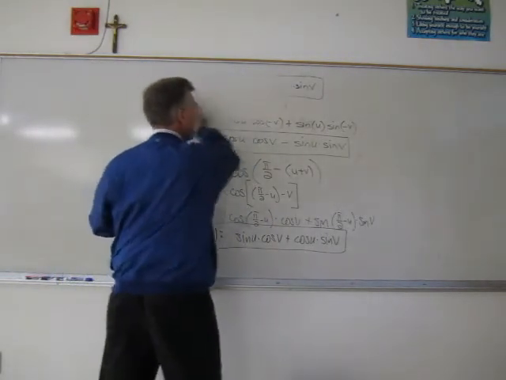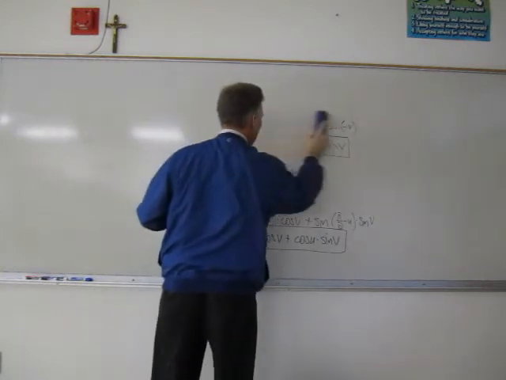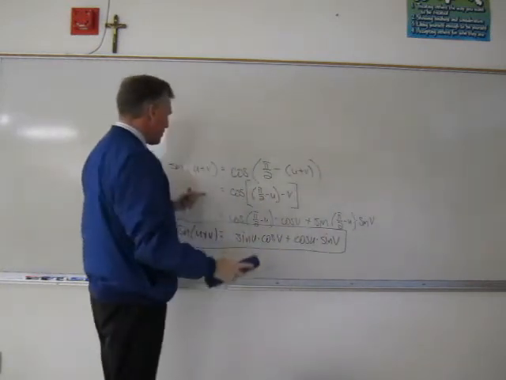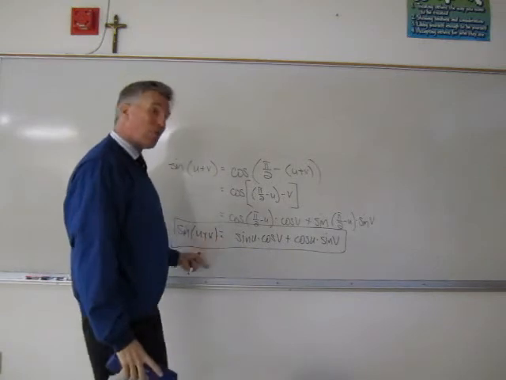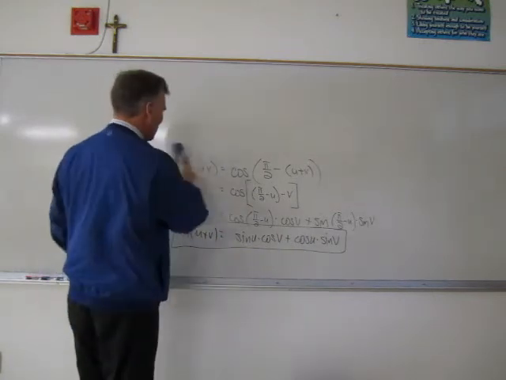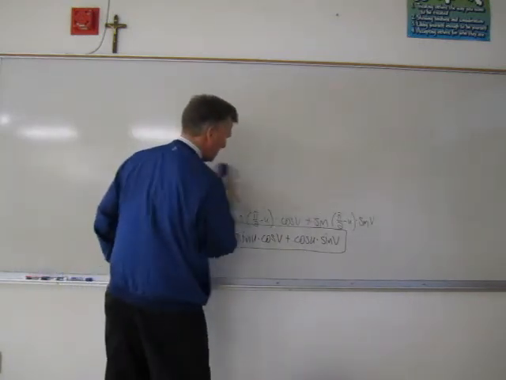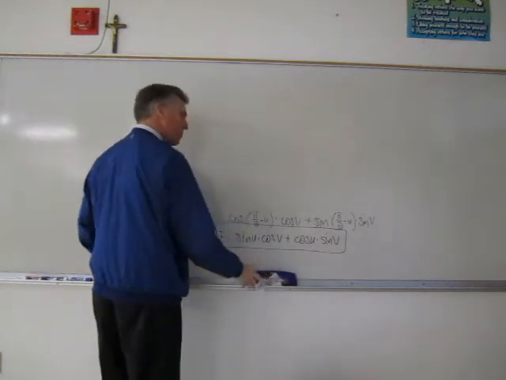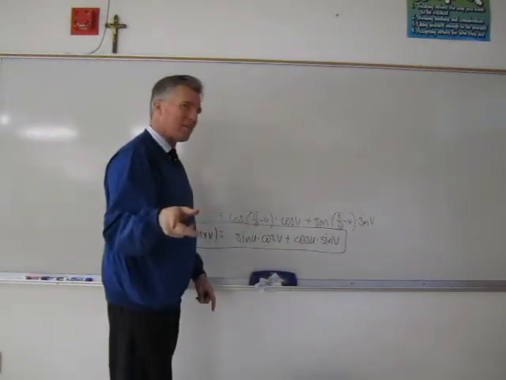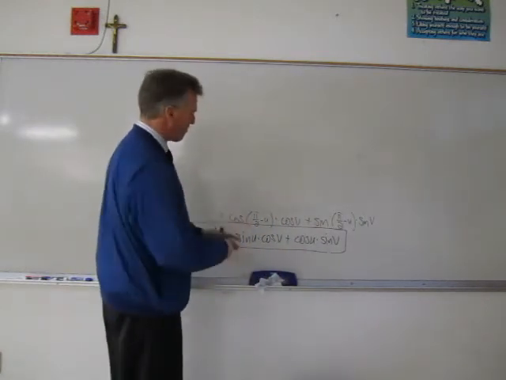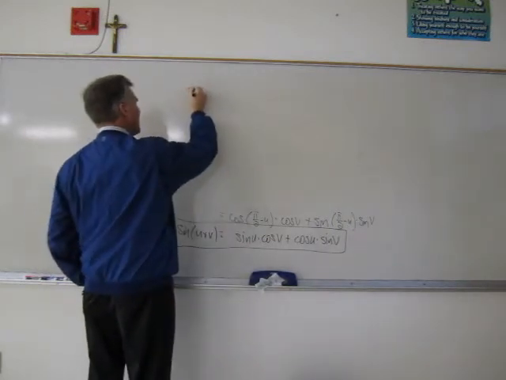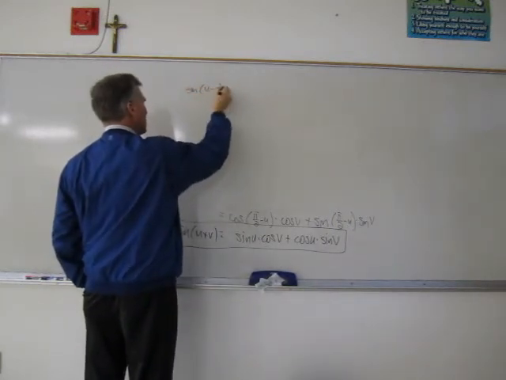Let's erase up there, because we're going to use the addition formula for sine to derive the subtraction formula for sine. Because subtracting something is just like adding its opposite, right? So let's look at sine of u minus v.